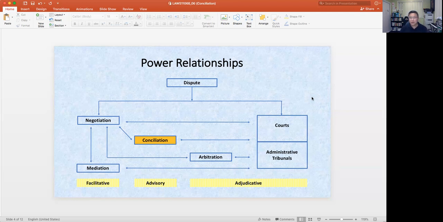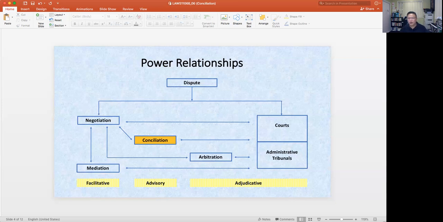The reason why the courts or the administrative tribunals might do that is that they would like a third-party individual, an impartial, objective person, to provide advice to the parties, focusing on the respective legal positions and their legal rights.